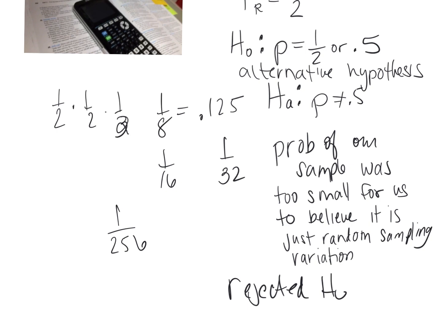And then it became more like, wait a second, no way. And as it kept going, you got more and more convinced that the deck was not fair. So the smaller the probability of our sample happening, the more convinced we are that the null hypothesis is not true, right?